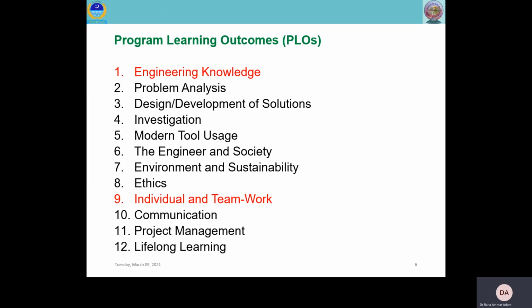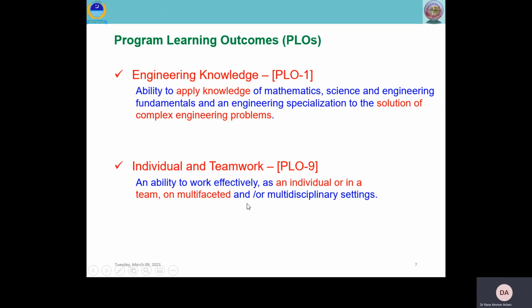There are actually, as I have told you, 12 PLOs, and the highlighted PLOs are those that we will cover in this course: engineering knowledge and individual teamwork. Engineering knowledge means that once you go through this course, you will have the classes, you will study, and so you will get the knowledge, right? So the first PLO wants you to develop the ability to apply that knowledge.